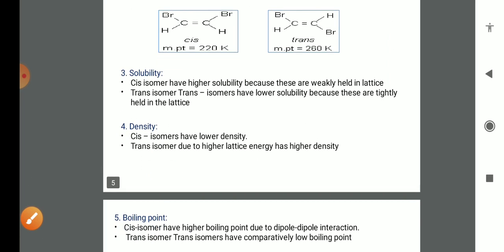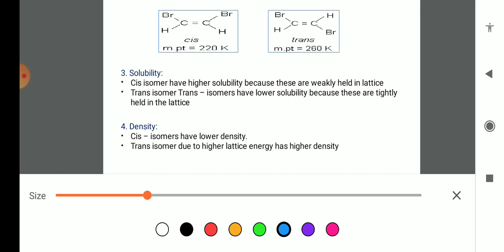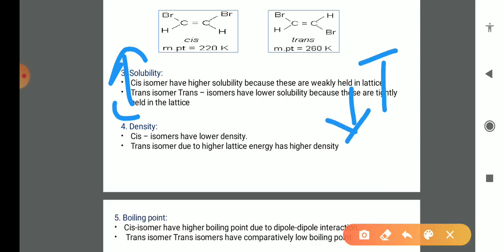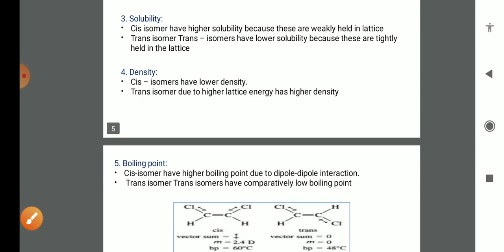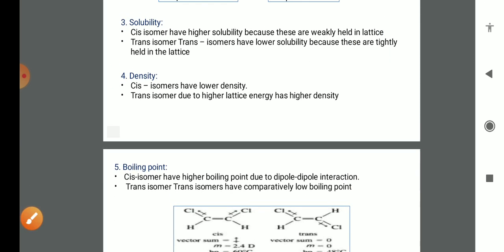Now the solubility parameter: the cis isomers have higher solubility, and the trans form has lower solubility. It is a very simple method: we can dissolve our isomers in a particular solvent, and with the help of solubility we can identify whether our isomer is in the cis form or the trans form.